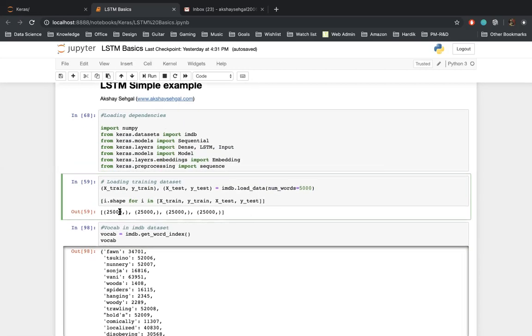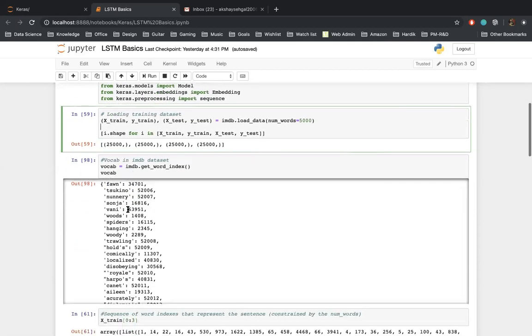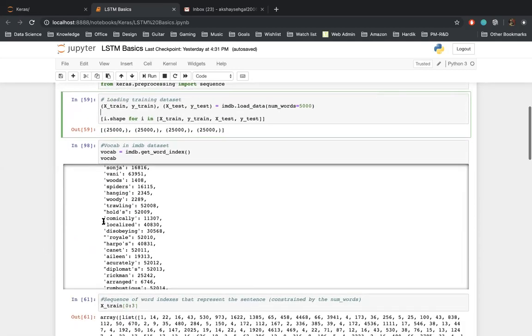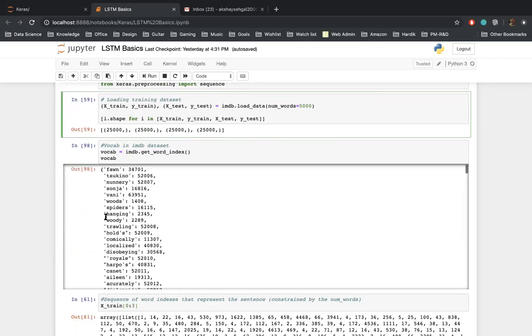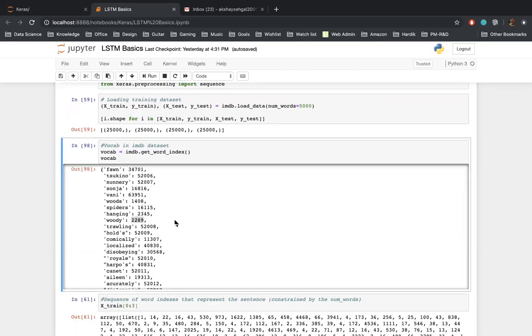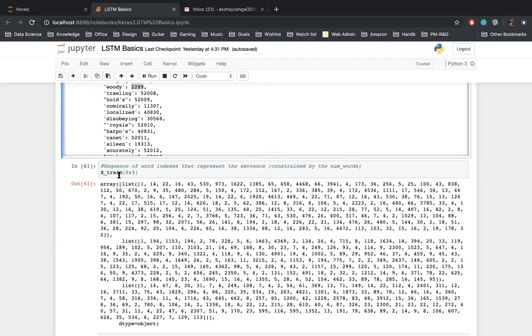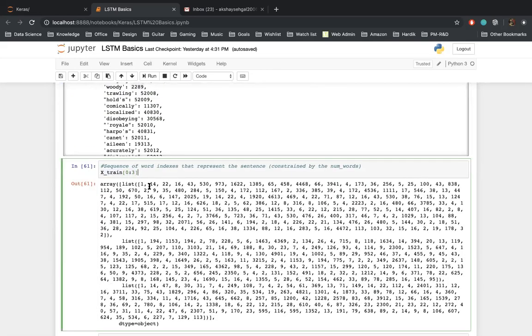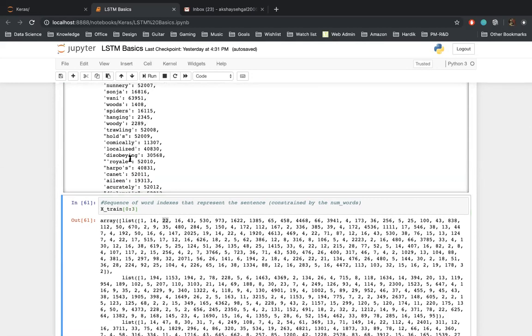There are 25,000 samples in the training set, 25,000 different sentences. And as you can see, this is the complete vocabulary for the IMDb dataset. Each word is represented by an index value. So when you look at the training data, you see a list of numbers. These numbers represent corresponding indexes in the vocabulary.